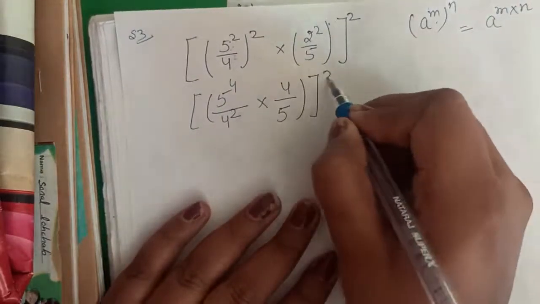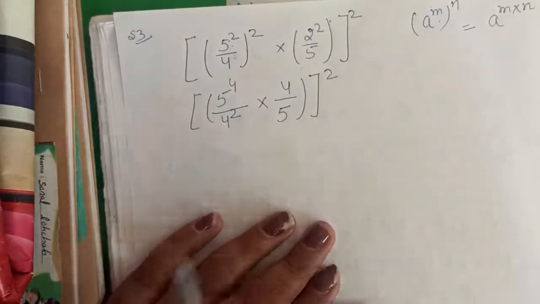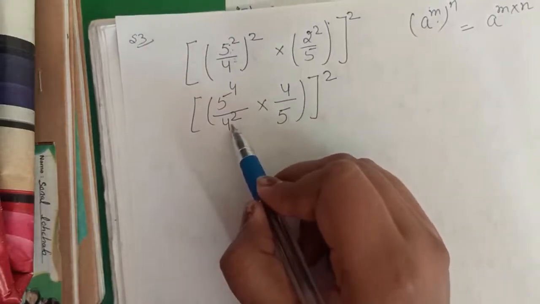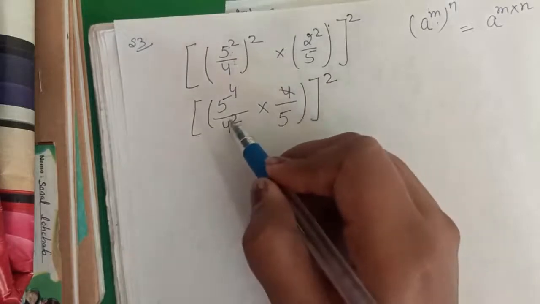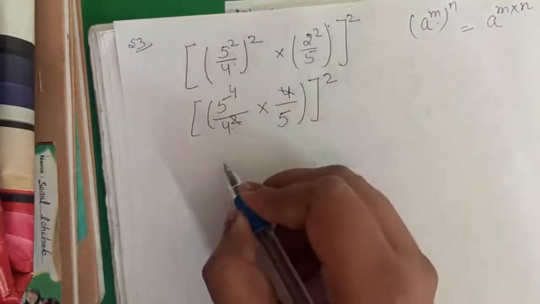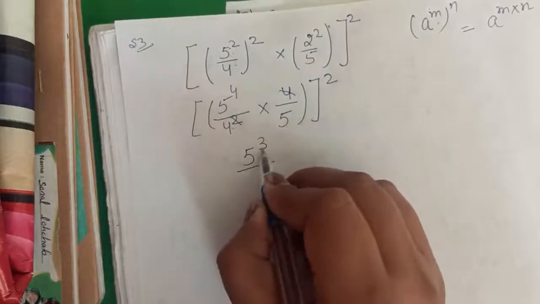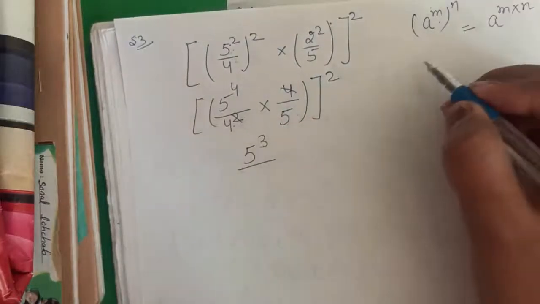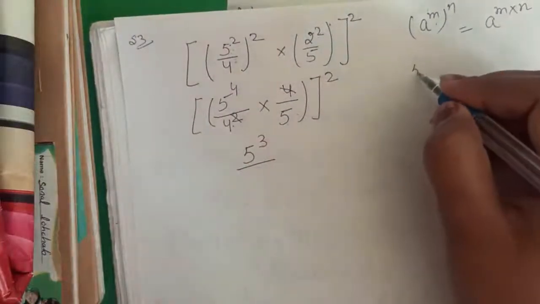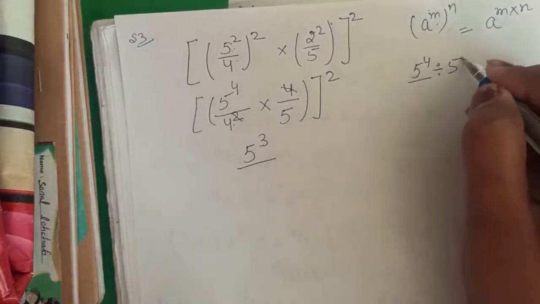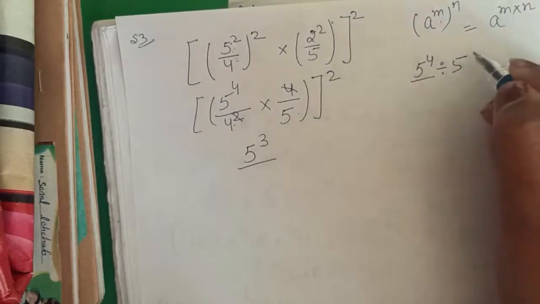After that, the complete to the power 2. Now this is 1, 4, and here is 4 to the power 2. 1 will cancel here and from here also this will be 5 to the power 3. See, 5 to the power 4 divided by 5. We know when the base is same, powers get subtracted.